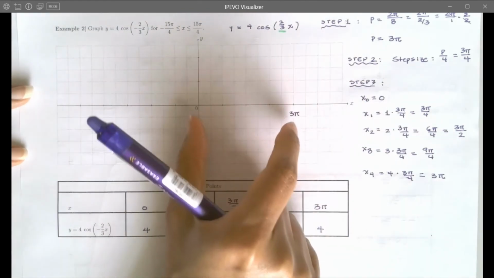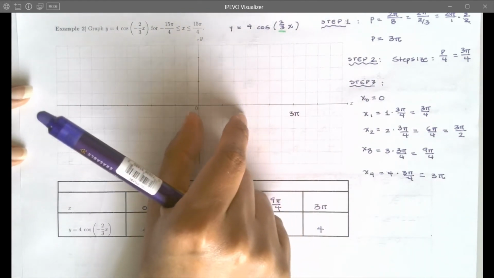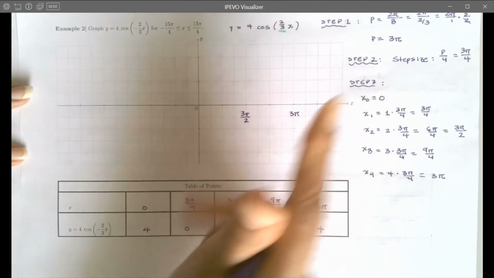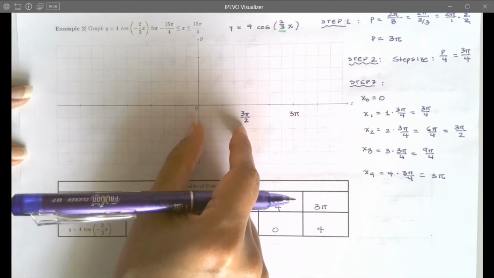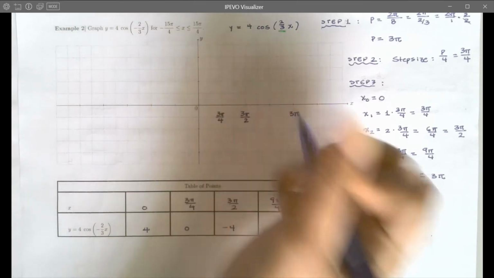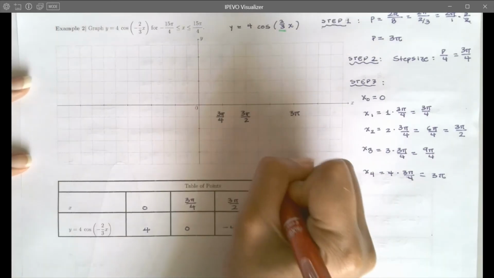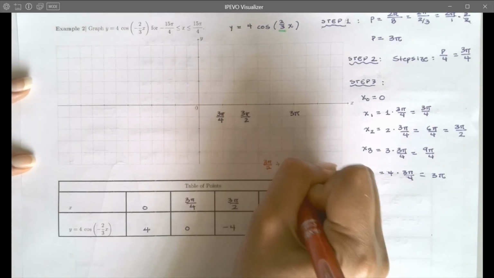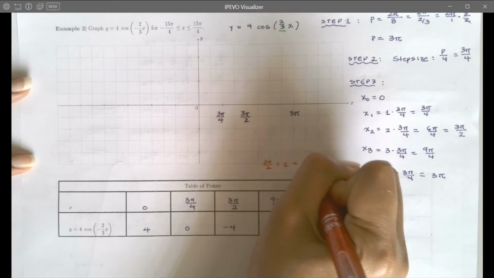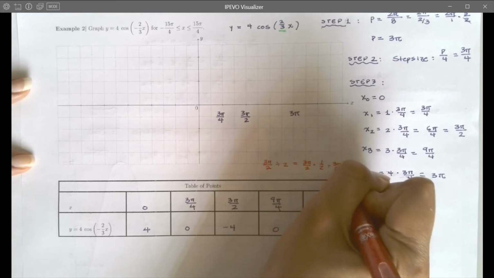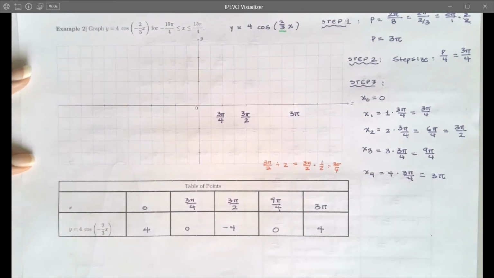And then half of 3 pi would be 3 pi over 2, so that would be this here. And then half of 3 pi over 2 is going to be 3 pi over 4. And simply what I'm doing there is 3 pi over 2 divided by 2, which is 3 pi over 2 times 1/2, which is 3 pi over 4. Okay, that's all the magic that's happening there.